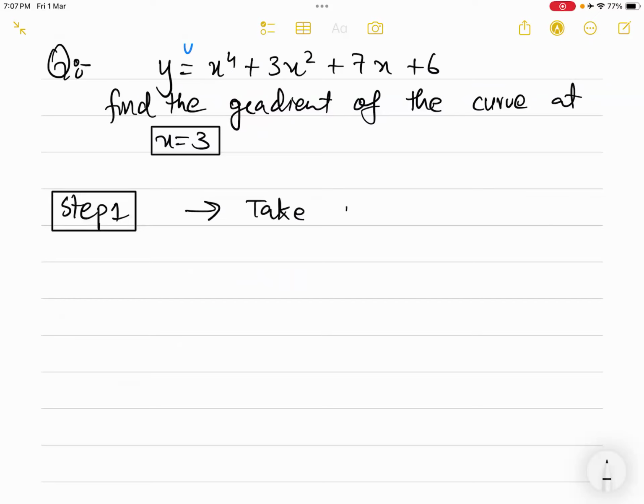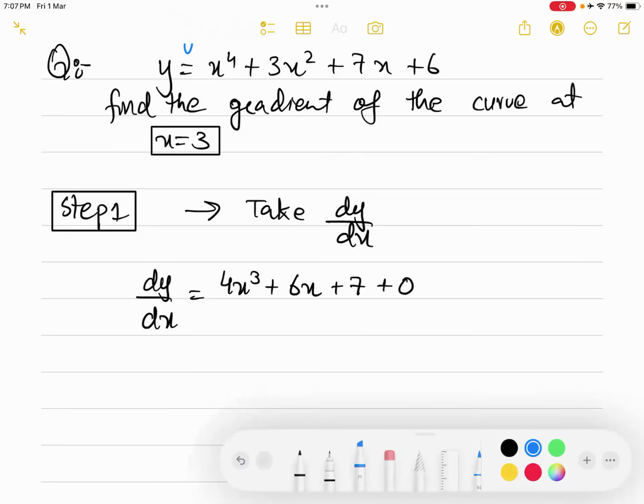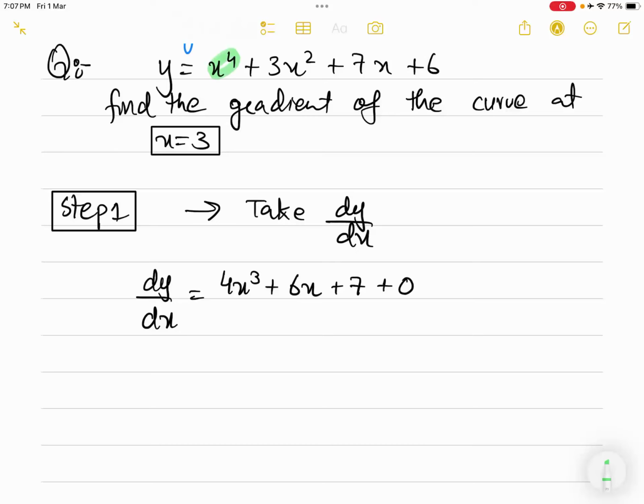Take dy by dx. Agree? So dy by dx of the question would be 4x cube plus 6x plus 7, and the derivative of the constant will be equal to 0. x power 4 would be 4x cube. 3x square would be 6x because 3 twos are 6.